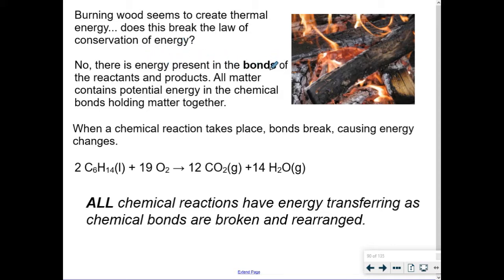There's energy present in the bonds of, and this is the key vocabulary we're going to start working on, reactants and products. Reactants and products are all of the items that are being used inside the chemical reaction. And those bonds are actually what helps hold matter together. That's really the key, is that there is actually energy inside those bonds, right?